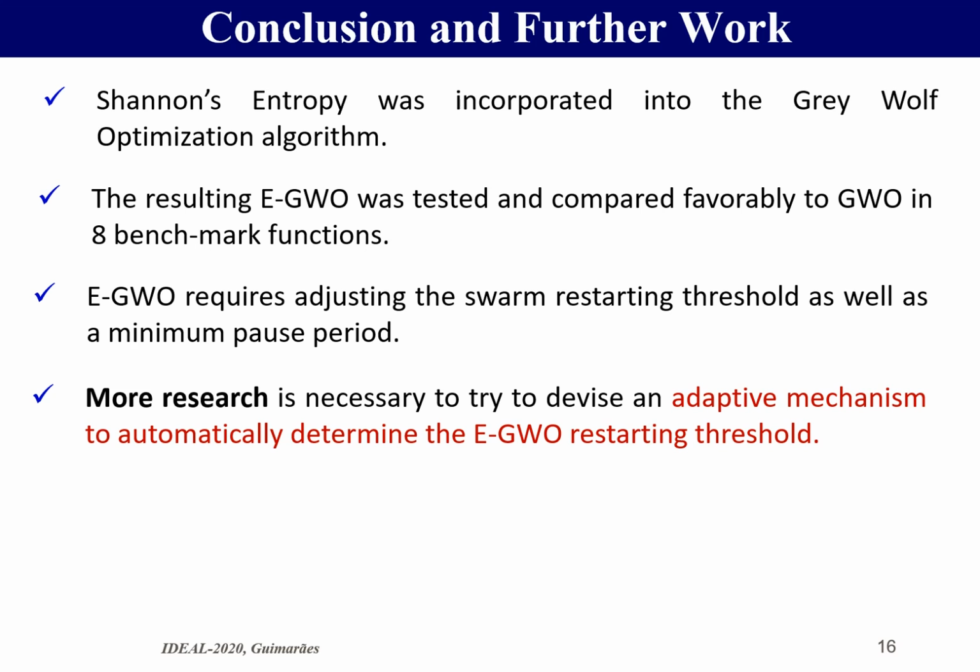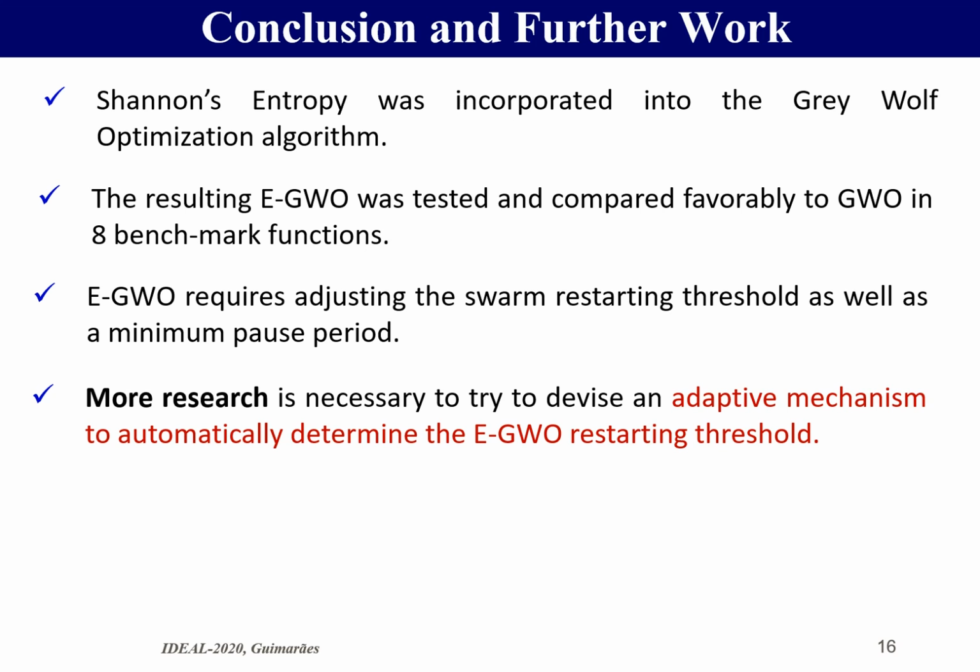So as a conclusion and further work, Shannon entropy was incorporated into the Gray Wolf Optimization algorithm. The resulting algorithm was tested and compared favorably to the GWO on 8 benchmark functions. The proposed algorithm requires adjusting the swarm restarting threshold as well as the minimal pause period.